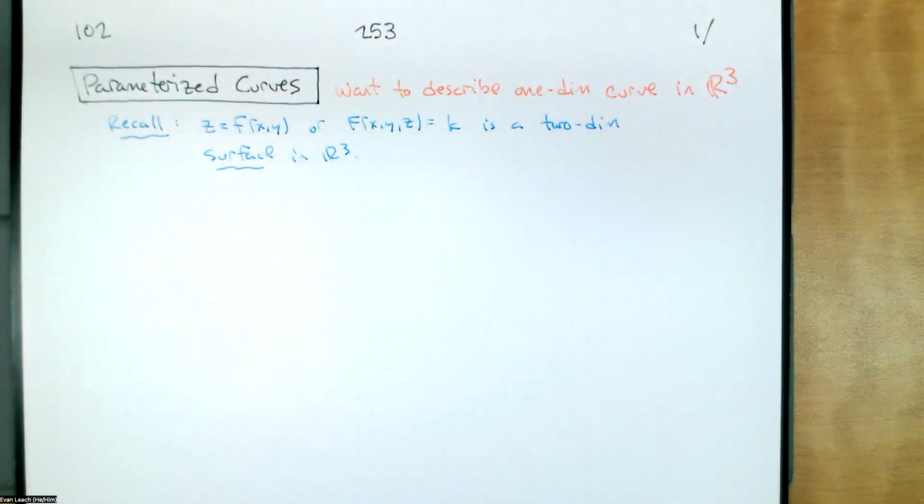So if we use an equation or a function in three variables, we end up with a two-dimensional surface in R3. So we're going to use parameterized curves because we want to describe a one-dimensional curve in R3.